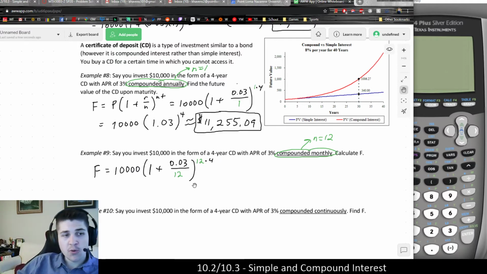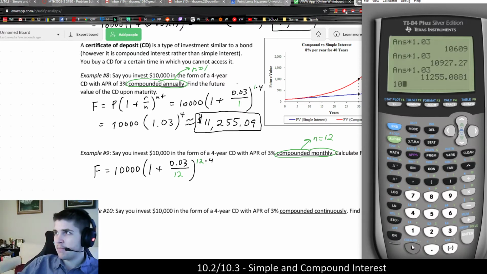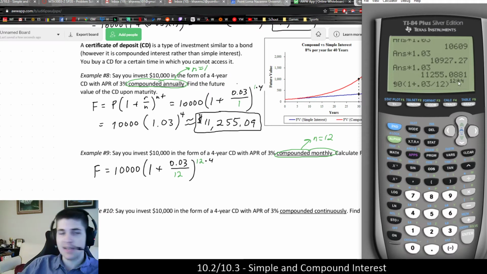To calculate the future value, you could just memorize the formula or look it up if you forgot it. But you could always just type this into a calculator. I do actually want to talk about the sense of what this formula is doing. But if you're typing it in, make sure the entire exponent is included.